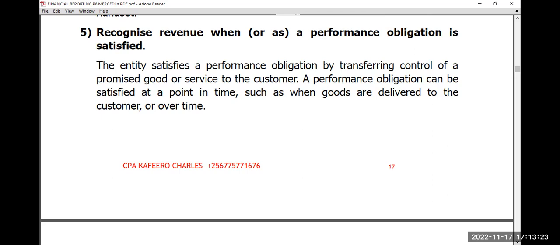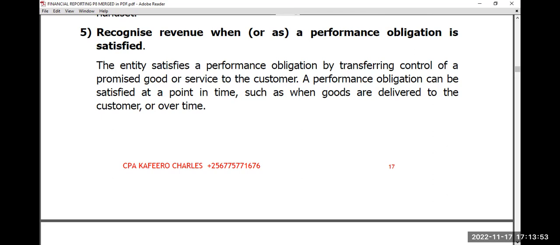But what you should know is that the entity satisfies a performance obligation by transferring control of promised goods. Remember, we started by looking at the meaning of the word control. If someone has control over something, it means the person can direct whatever they want to do with the asset, and they are able to get all the benefits associated with the asset.